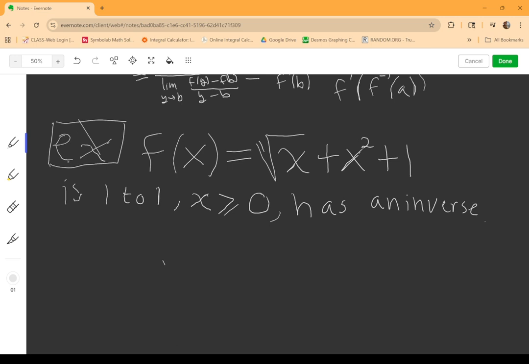Okay, so I want to find the slope, or in other words, the derivative.